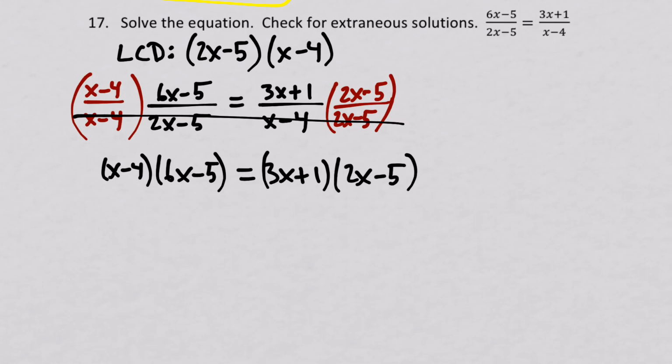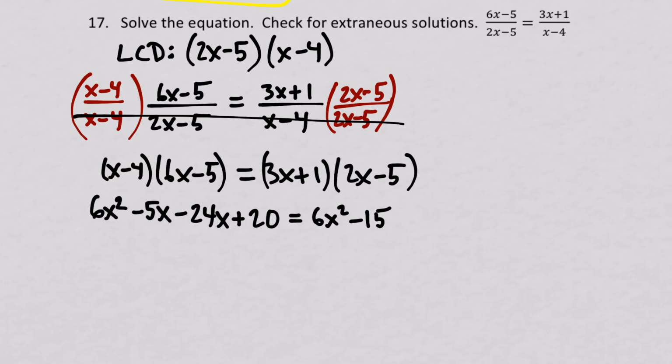All right, right here what I'm going to do is FOIL. I'm going to multiply it all out. So this is going to be 6x squared. Follow me along as I FOIL. 6x squared minus 5x minus 24x plus 20 equals, let's FOIL on the right side as well, 3x times 2x, 6x squared, minus 15x, 3x times negative 5, plus 2x minus 5.